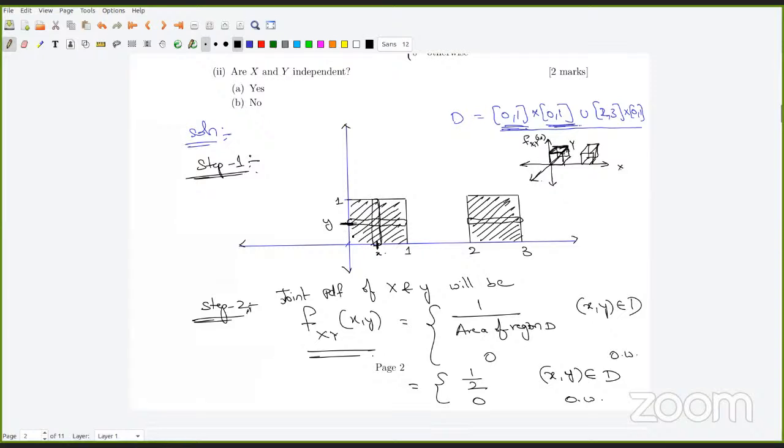When we are considering these strips, they are not exactly straight strips. This will be some plane, with the thickness dx.